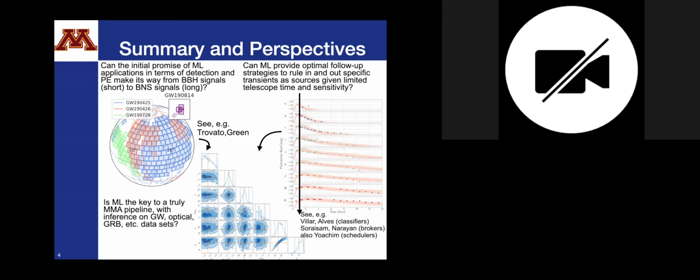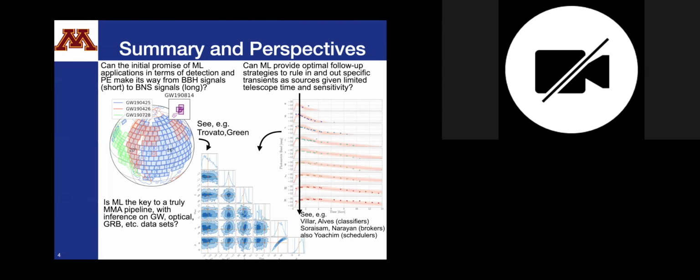And so to close, I just wanted to highlight a few areas in which I'm really excited to see machine learning push forward. For the first one, gravitational wave inference, where we estimate the source parameters and sky location of the gravitational waves, tends to be a very slow process.